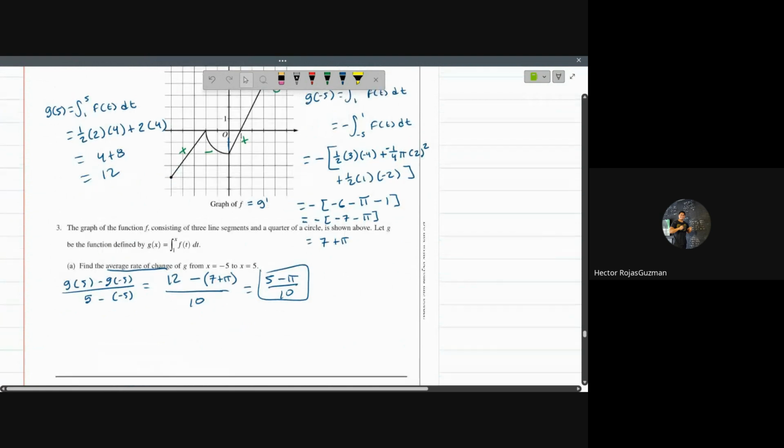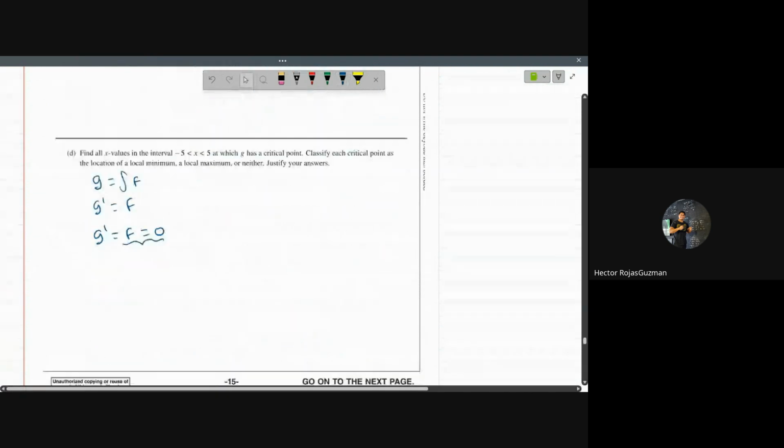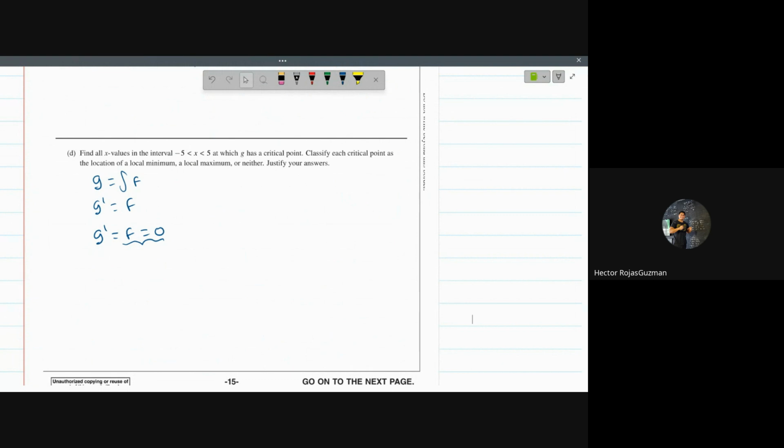That would be -2 and 1. So g prime, which equals f, which equals 0, happens at x equals -2 and also 1.